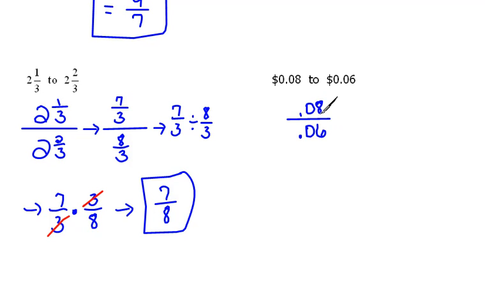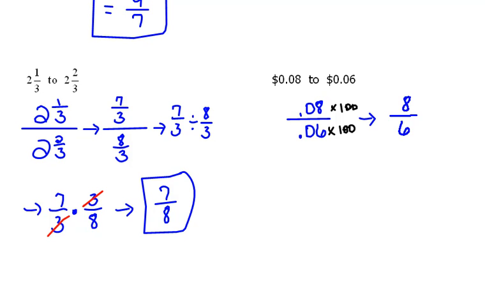This decimal is to the hundredths position, and this decimal is to the hundredths position. So as long as I multiply top and bottom by the same thing, I'm not changing anything. So I'm going to multiply top and bottom by 100 in this case, which will move the decimal over 2 places.